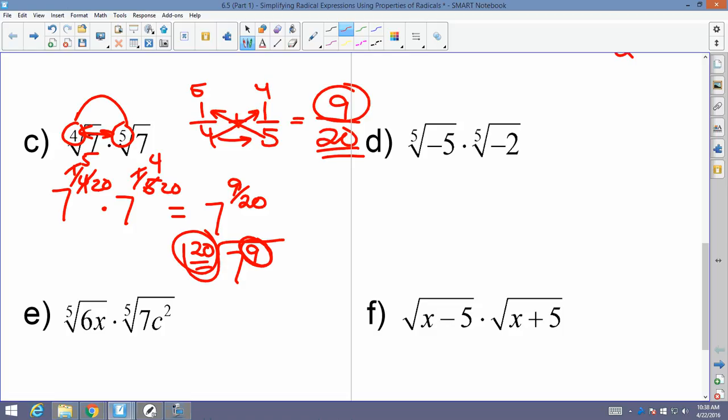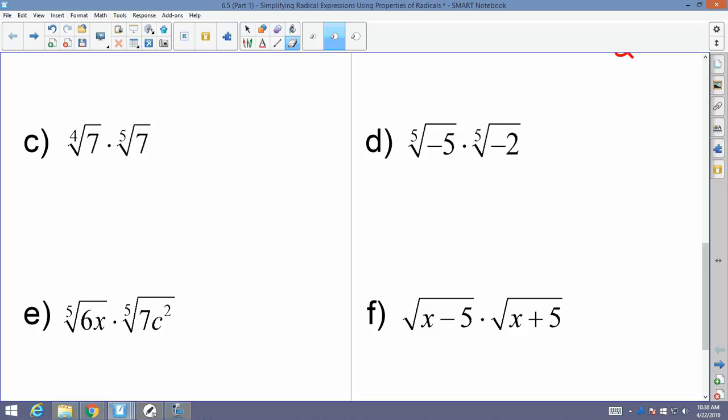Okay? Pretty cool. Now, for our purposes, for the SAT purposes, if they asked you, can these radicals be multiplied? The answer is no. However, if the SAT said, evaluate, that's different.